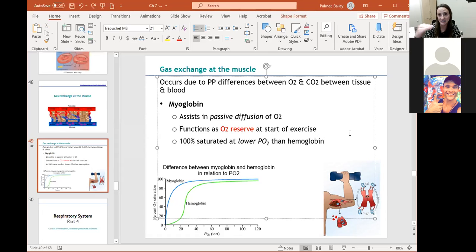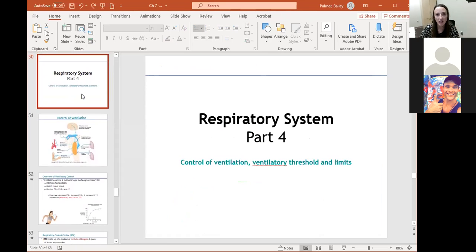As partial pressure decreases, let's look down to 0, 10, 20, we see that myoglobin still has really high saturation of oxygen, where hemoglobin, that curve down here, is lower, less saturation. So yeah, those are the 3 main differences, and I talked about the other ones earlier. So again, you have a question on the exam, myoglobin versus hemoglobin. Know the difference.